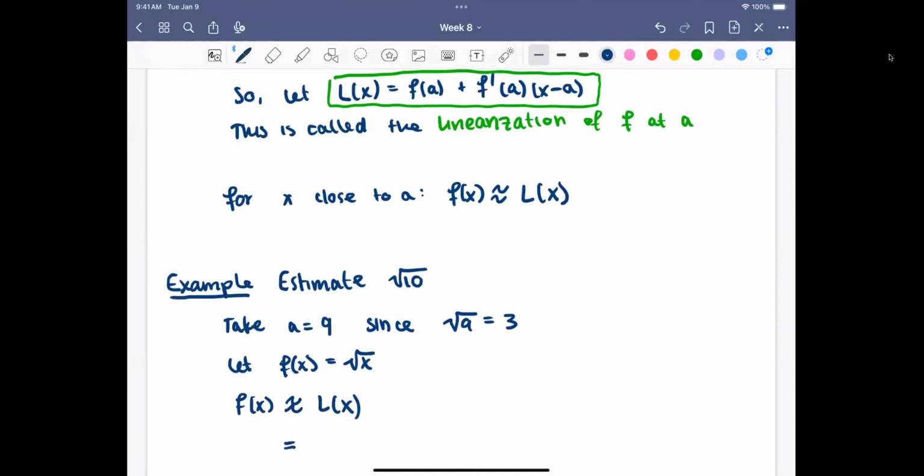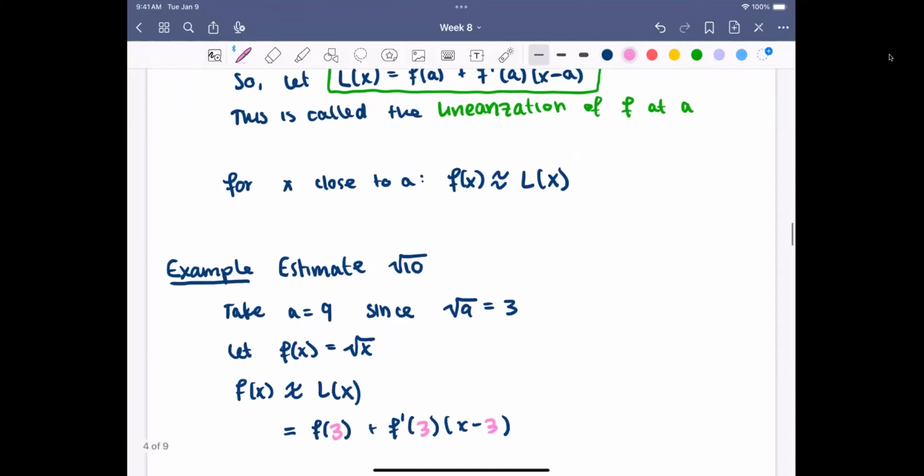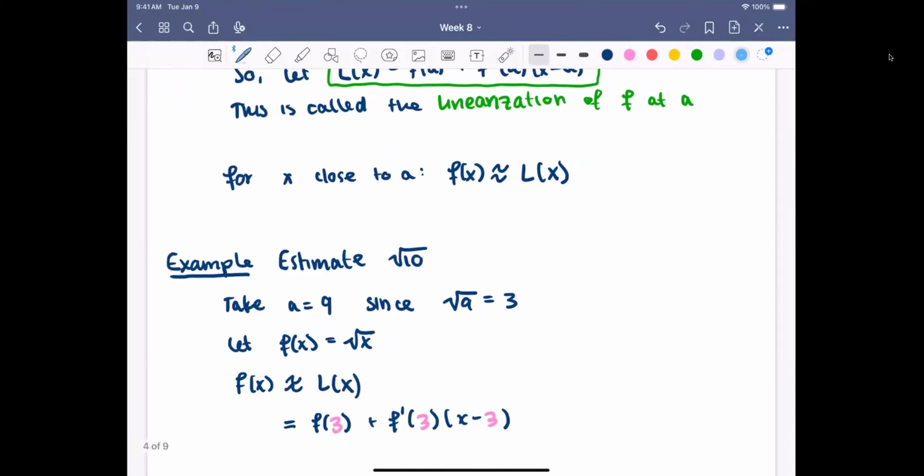And so what is L of x? We'll just write this out. So this is f of a plus f prime of a times x minus a, and a is 9 everywhere. Let me just plug that in. Okay, so we need to know f prime of 9. So let's just do that on the side.